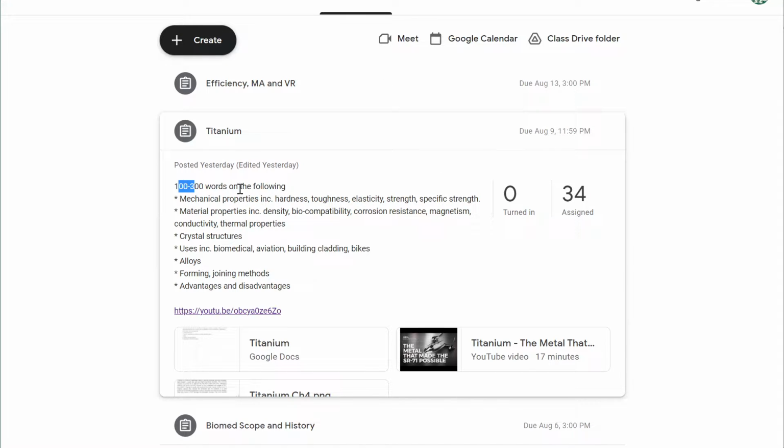So the point is, if you said titanium is Mohs hardness 6, toughness approximately equal to or slightly less than steel, and slightly less elastic than steel, its strength is approximately equal to steel. Its specific strength, its strength to weight ratio, is higher than steel because it's lighter, right? If you did that, you could probably get it done in 100 words. The point is that it doesn't need to be many words.